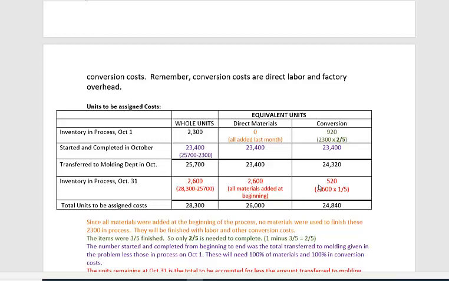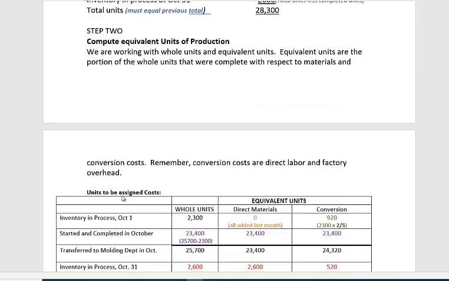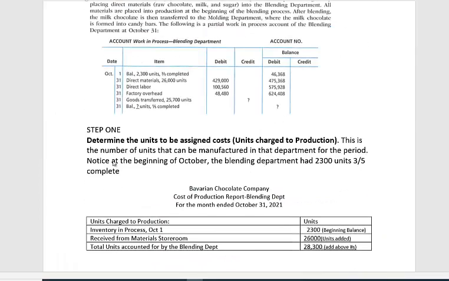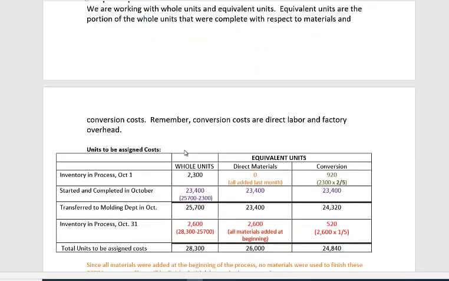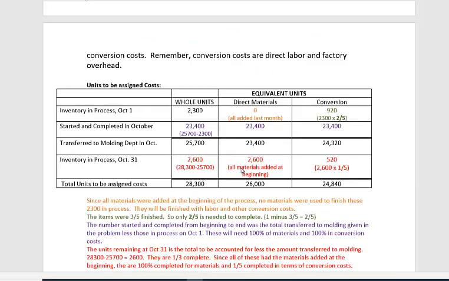All right, as far as conversion costs, our problem tells us that these units were 1/5 completed. So we know that all the material was added, and then they were 1/5 completed in terms of conversion cost. So 2,600 times the 1/5 will give you 520.